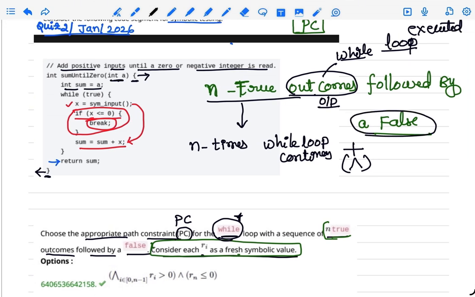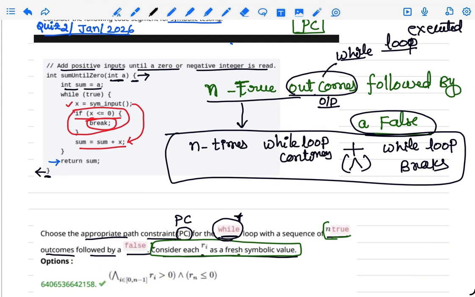False means the while loop is not executed, it breaks. True means the while loop is executed. So this one is important, friends.